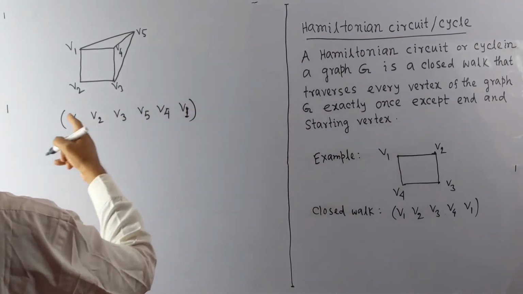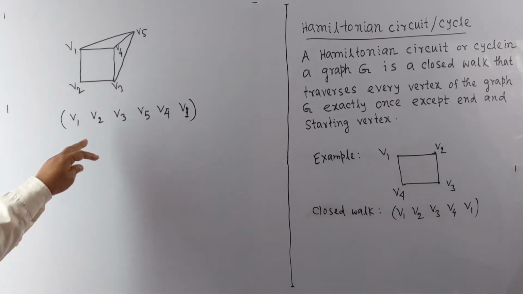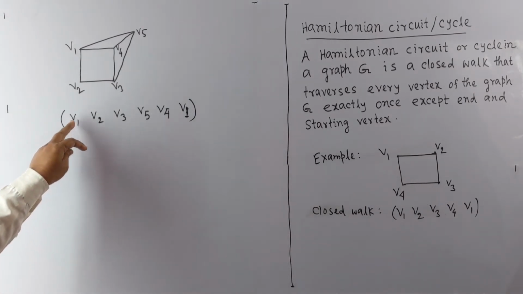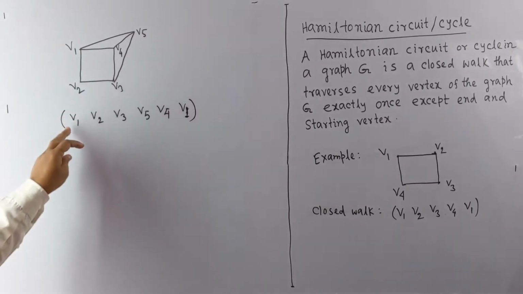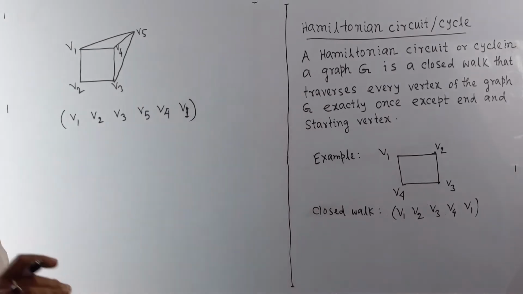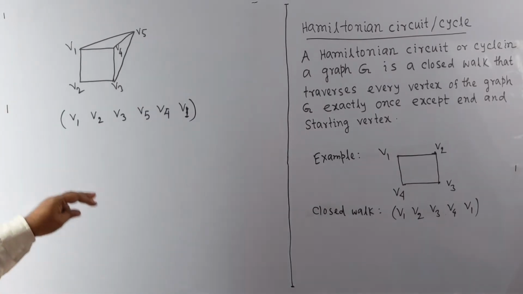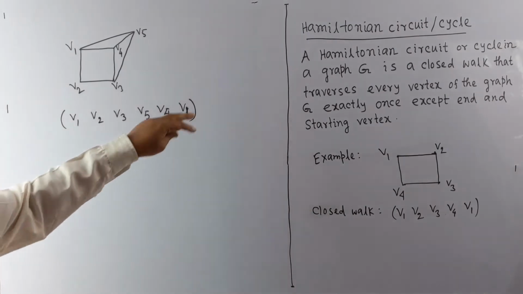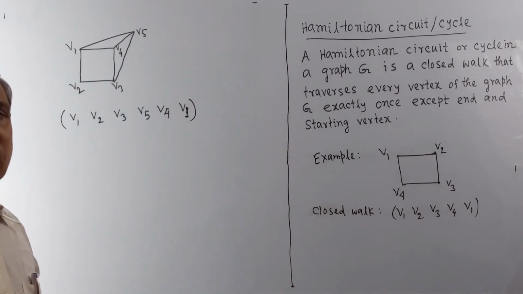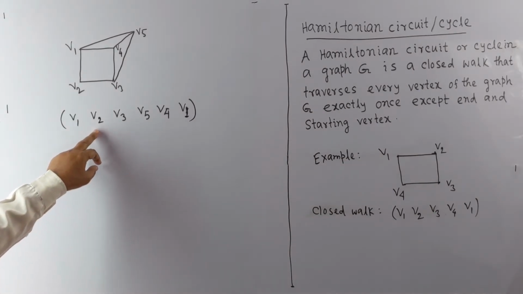And this is a closed walk. In this walk, only starting vertex and end vertex V1 is repeated and other vertices are not repeated. And we include all the vertices in this walk. So this is a Hamiltonian circuit.